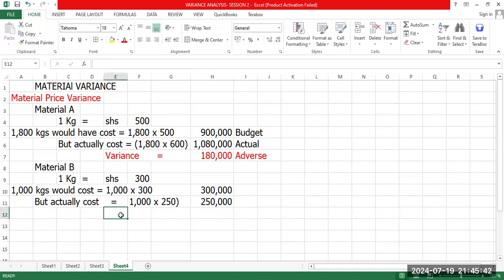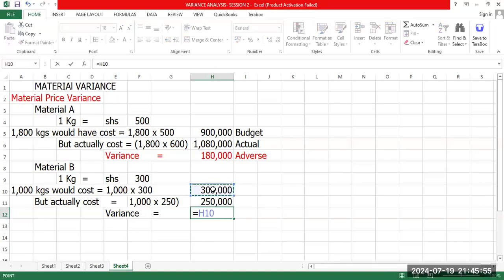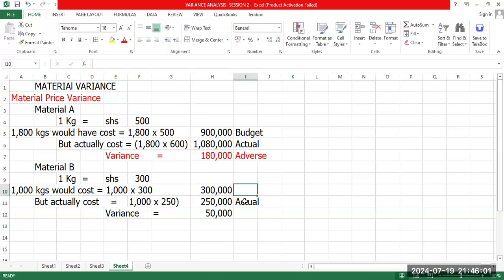The variance here, is it favorable or adverse? Favorable. The variance here is favorable because what you actually incurred is less than the budgeted amount. This is actual. This is budgeted. So this is favorable.